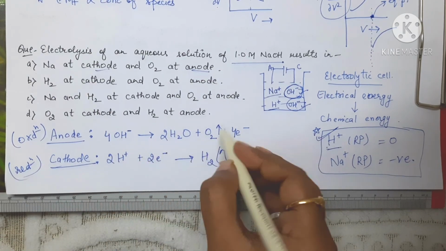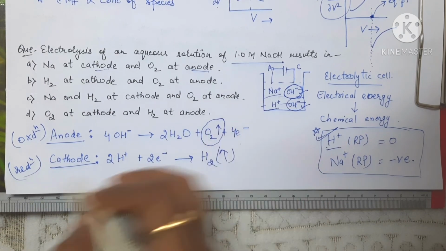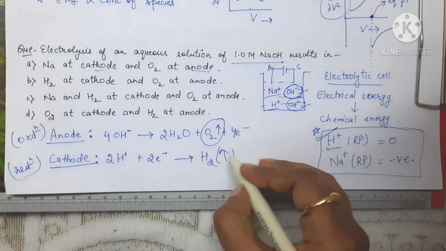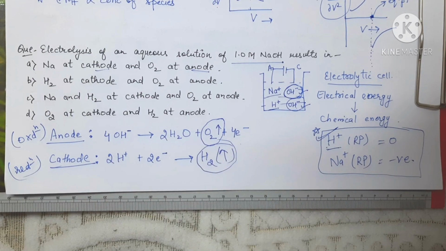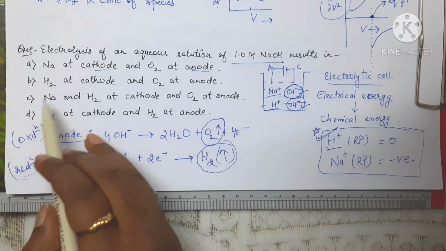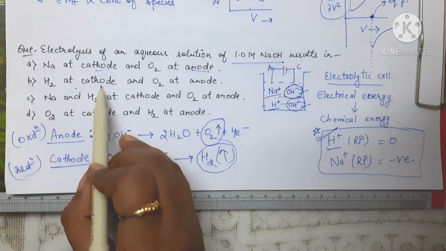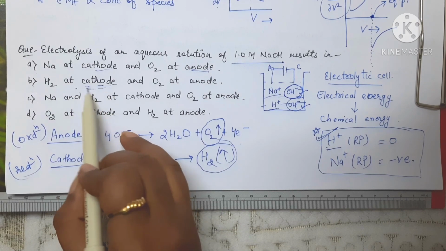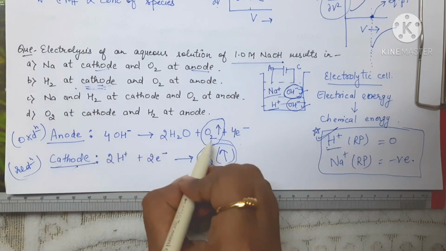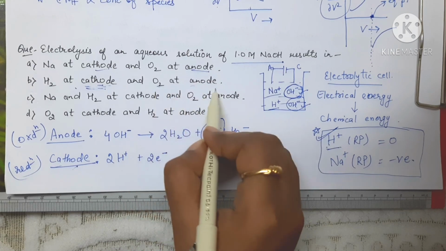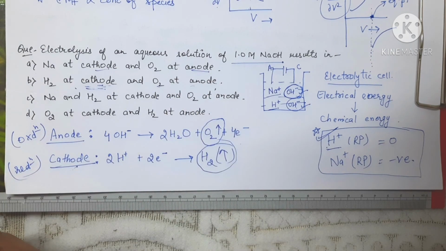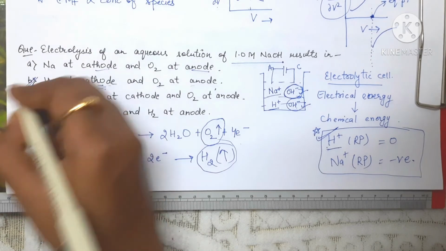So at anode we will get oxygen gas liberated, and at cathode hydrogen gas will be liberated. Okay, so if we look at the options, hydrogen gas will be liberated at cathode and oxygen will be liberated at anode. So definitely the correct option is option B.